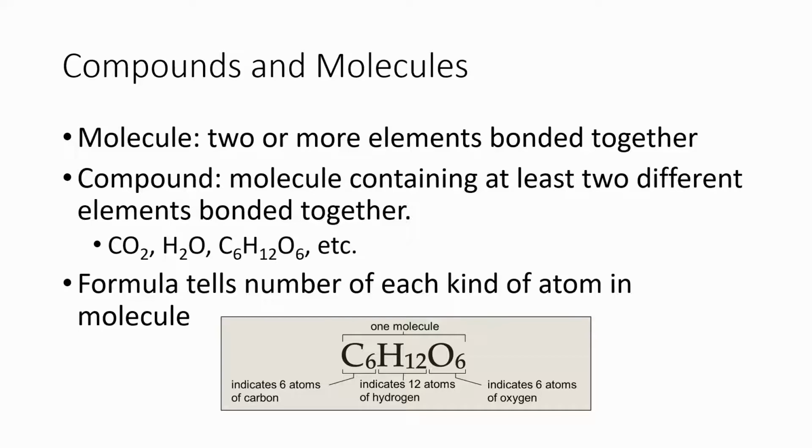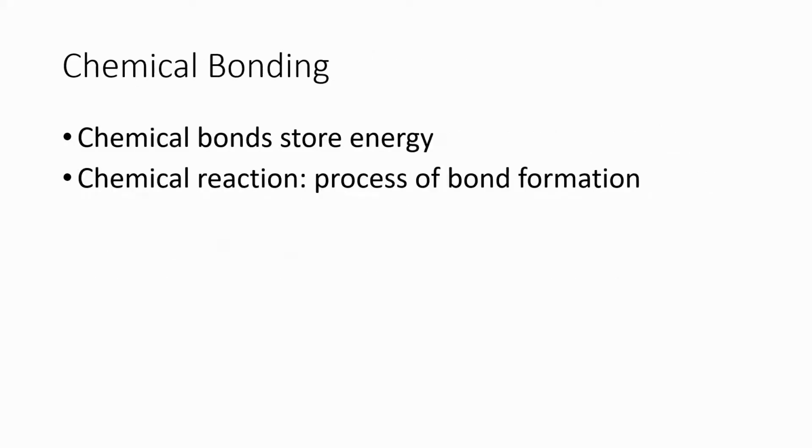So the chemical formula that you see on here is glucose, which is C6H12O6. You know from looking at that it contains only carbon, hydrogen, and oxygen, and you also know what ratio it has those in. So chemical bonds are very important for our bodies because they store energy.